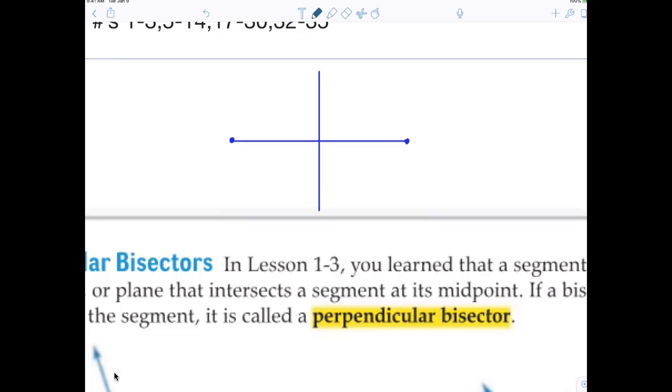Let's say I put this point here. What is true about the distance from here and this distance here? Do we know they're equal, or do they just look equal?